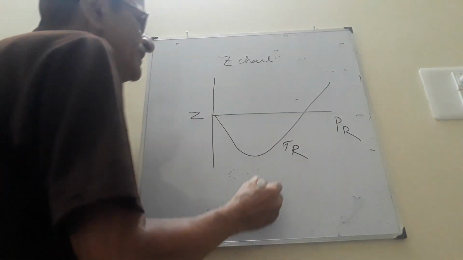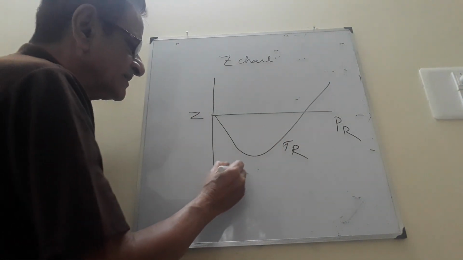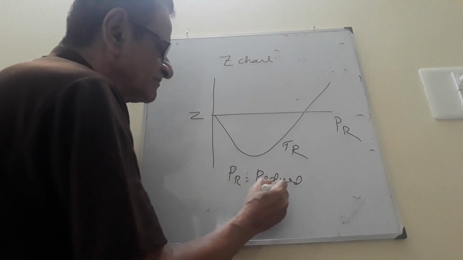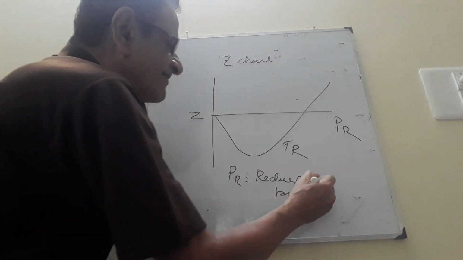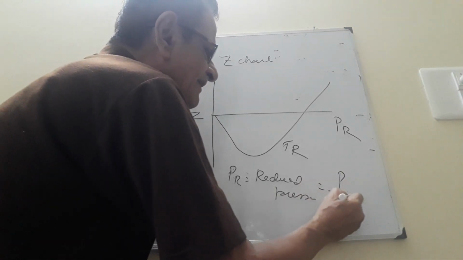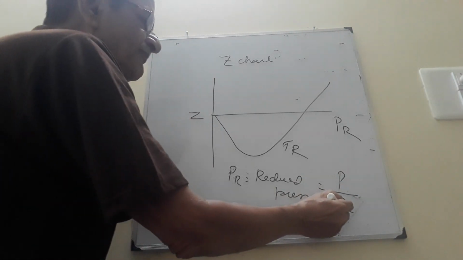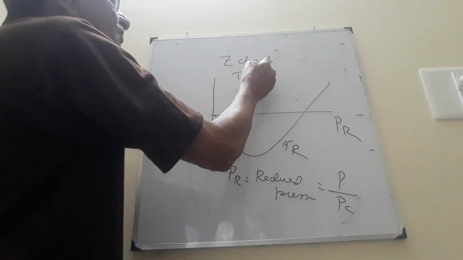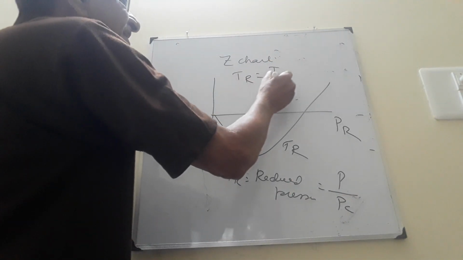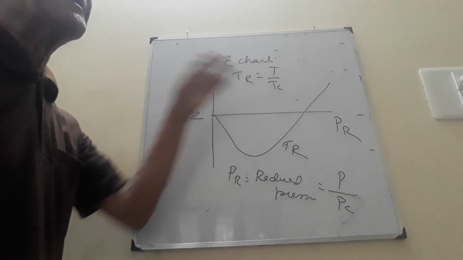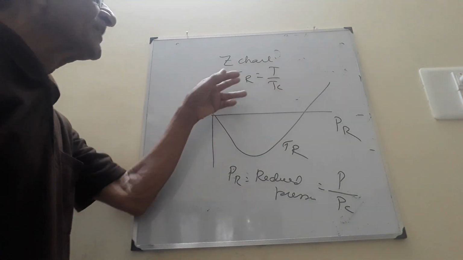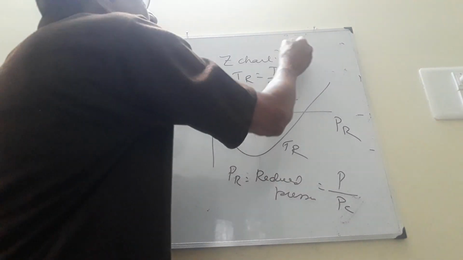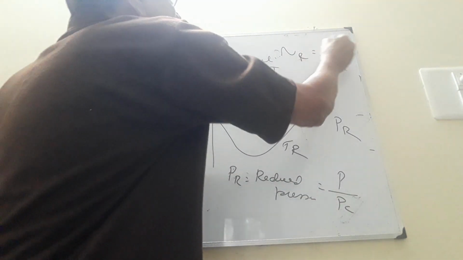PR is called reduced pressure, given as P by PC, where P is the pressure and PC is the critical pressure. And TR is called reduced temperature, T by TC, where TC is the critical temperature. Similarly, reduced volume is V by VC.